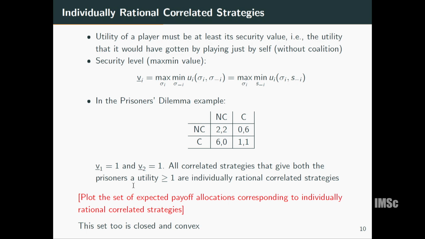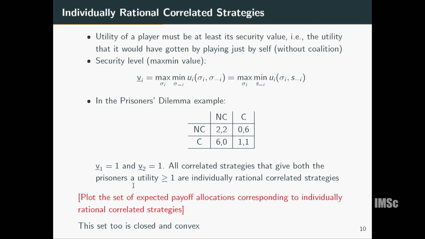That means if I play this sigma I, no matter what the other person is playing, I am guaranteed that I will get this much value. Does it make sense? So if I would have just stuck to sigma I, this much utility I would have been guaranteed. So an individually rational correlated strategy means the correlated strategy which gives me at least this value.